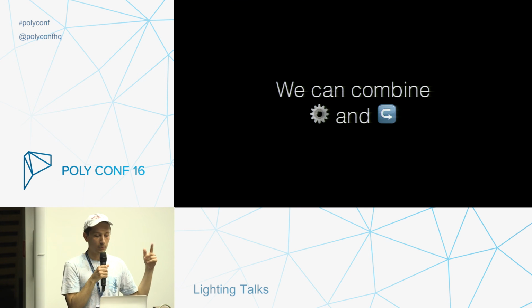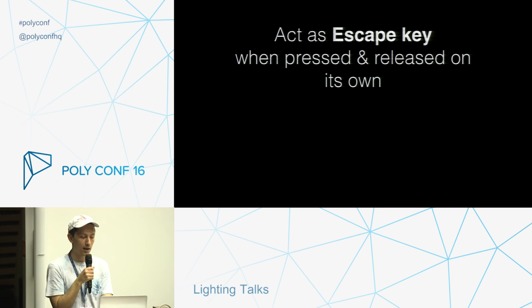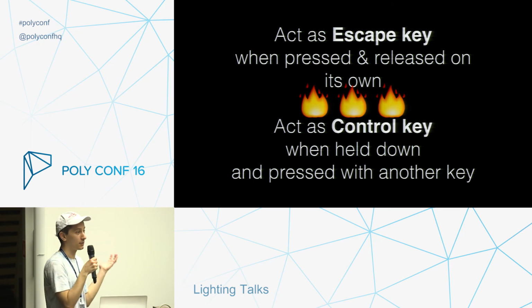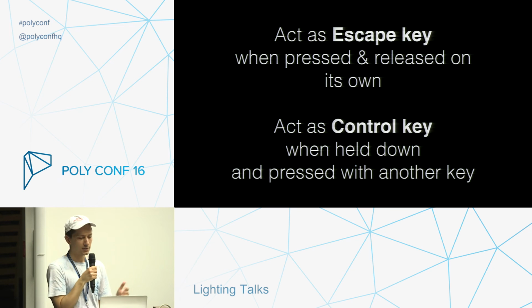Remember that we can combine modifiers and non-repeatable keys, so we can make it act as escape on its own, but act as the control key when pressed with another key. And it's also cool, right? It's super cool. Escape is mainly used by Vim users, I guess, but if you're using something else, you can also remap escape to some other key.